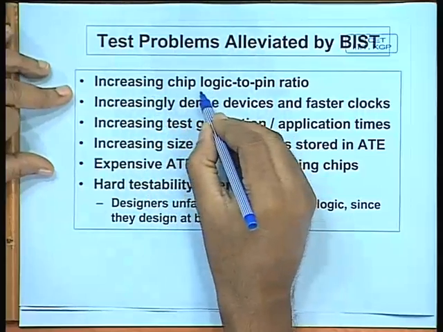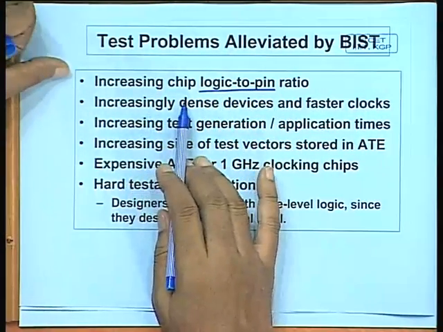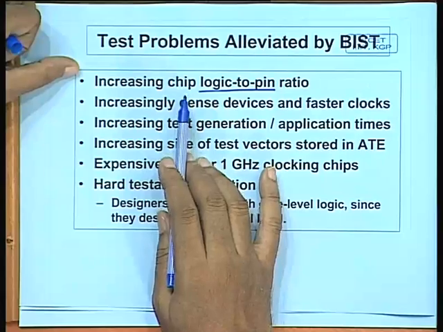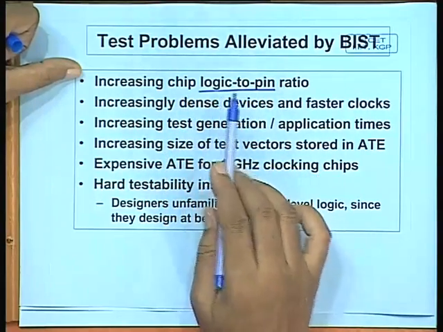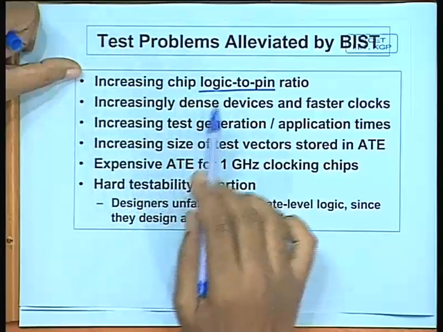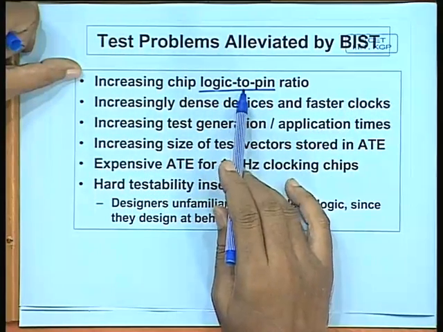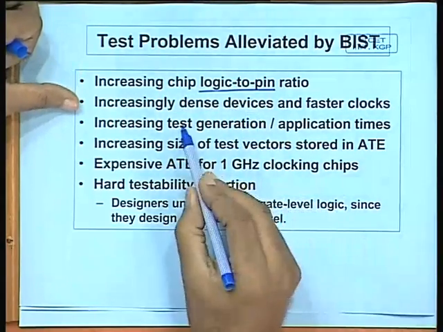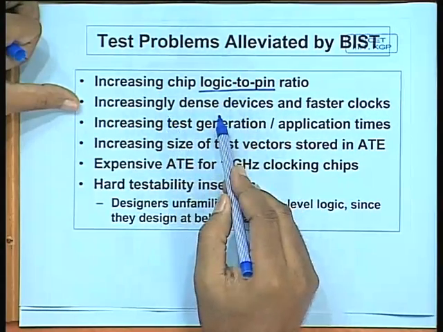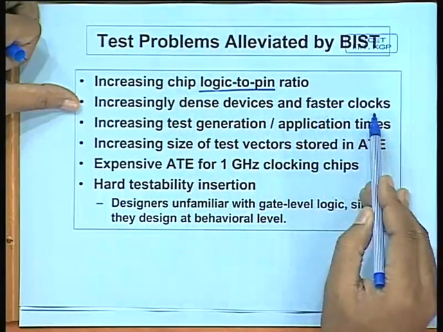So, the increasing chip logic to pin ratio is a major concern, which means that the controllability and observability of the logic inside the chip is going down every day. If you have some special purpose hardware inside the chip to test the logic inside, it will be much more beneficial.